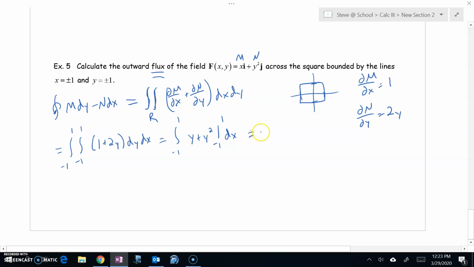So you end up with the integral from -1 to 1 of just 2 dx, which is equal to 2x evaluated from -1 to 1, which is 2 times 1 minus 2 times -1, which is equal to 4. So the outward flux would be 4 in this case, using our divergence integral.